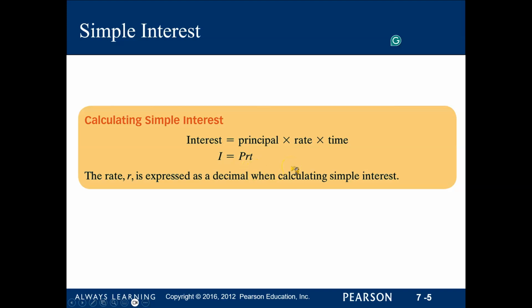Now, it is important to remember that time is always expressed in years. So even if the word problem says months or weeks, you always have to convert them in terms of years. So again, to get the interest, we only multiply the principal, the rate, and the length of time.